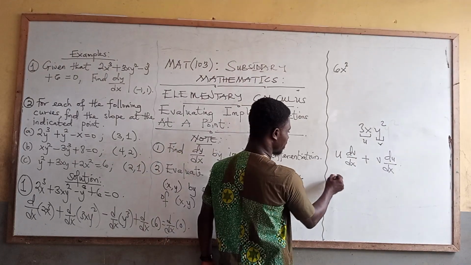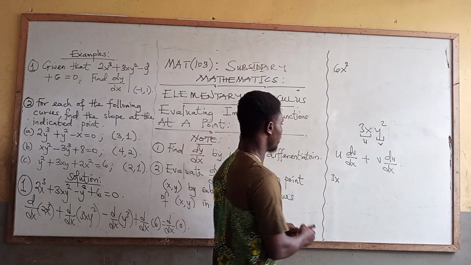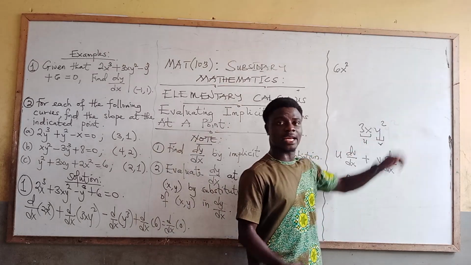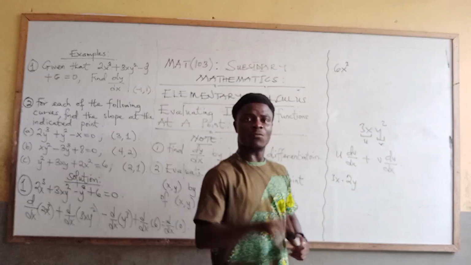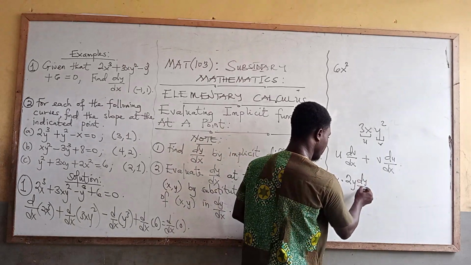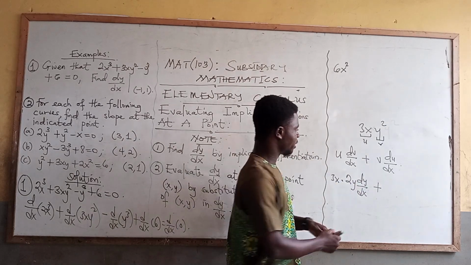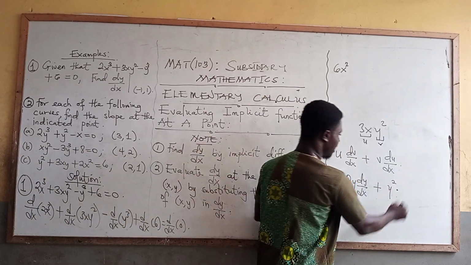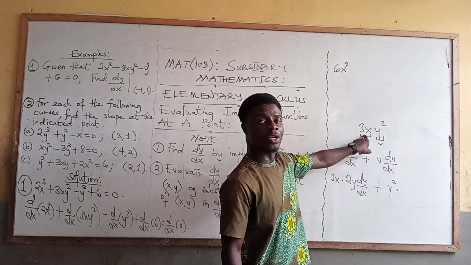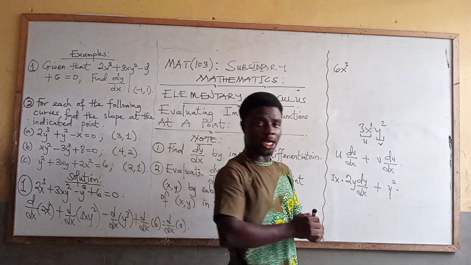So now let's see. My u is 3x. Then I differentiate v with respect to x. We get 2y. We subtract 1 from the exponent, so we get 1. Then don't forget your dy/dx. Plus v, what is v? y squared, times the derivative of u with respect to x. If you differentiate u, which is 3x, the exponent here is 1.